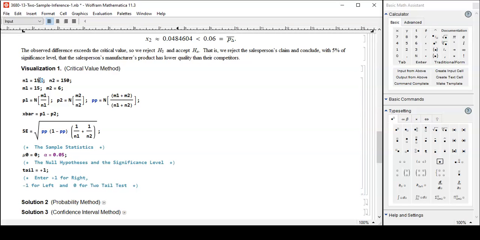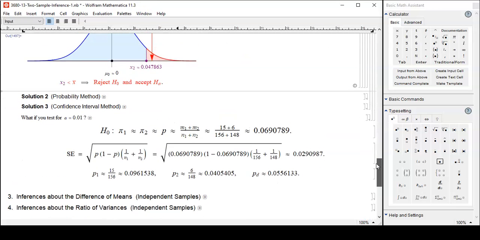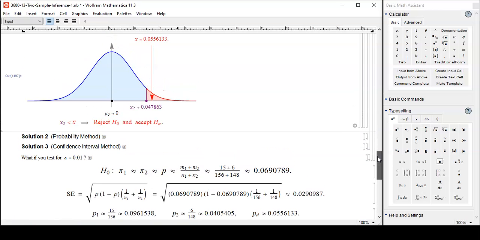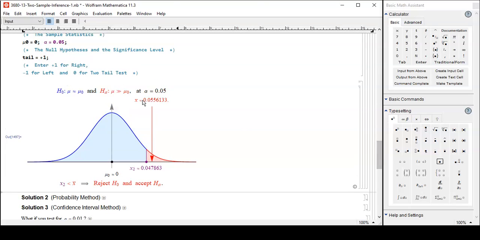So 156, 148. I'm keeping 15 and 6 the same. Yeah, all right. Okay.